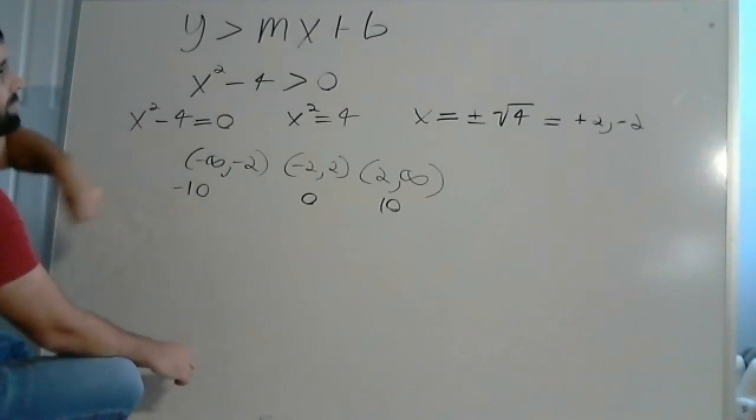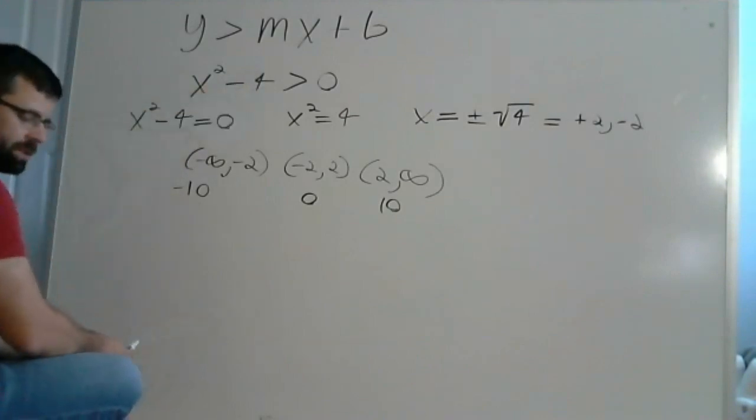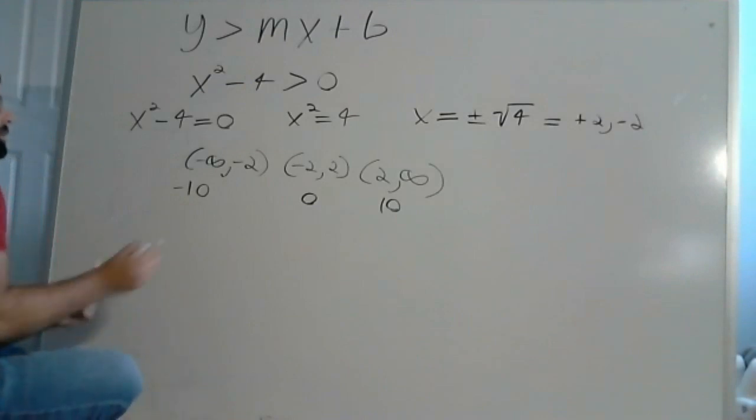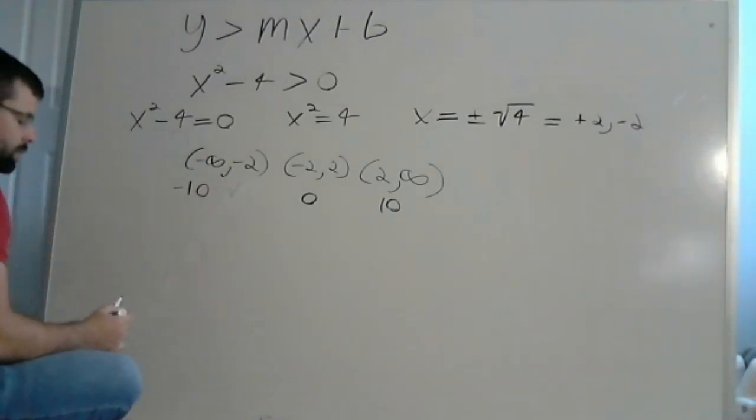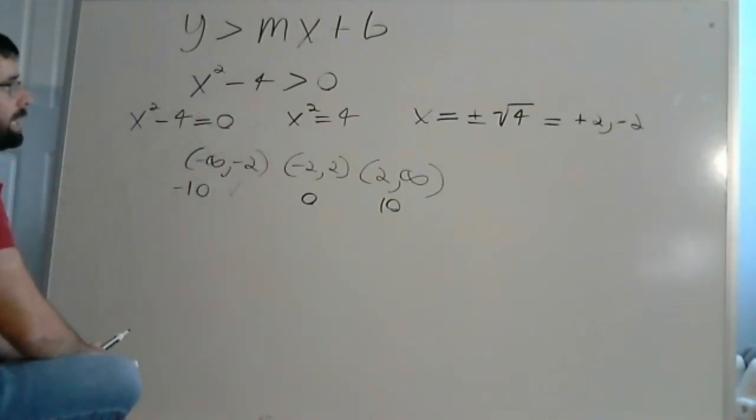So if we plug negative 10 into this equation, we get 100 minus 4, which is greater than 0. So that one works. If we plug in 0, we get 0 is greater than 4, which is not correct.